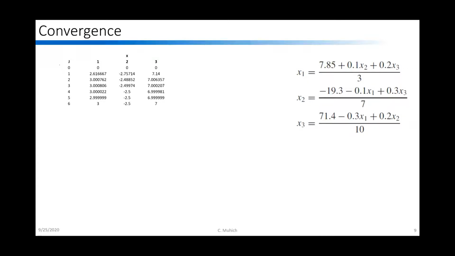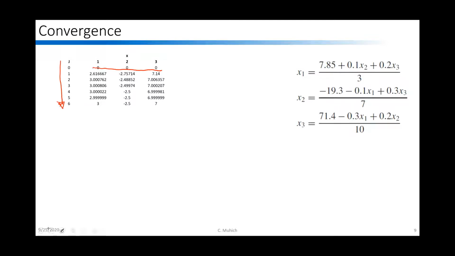So here I have listed out the various j's, starting with my initial guess of 0, and then written out those x1, x2, x3 for each of those j's. And we can see that as I go down, I start seeing a convergence, just like we had with our root finding and optimization. We should be moving towards consistent numbers for each of our individual x's.